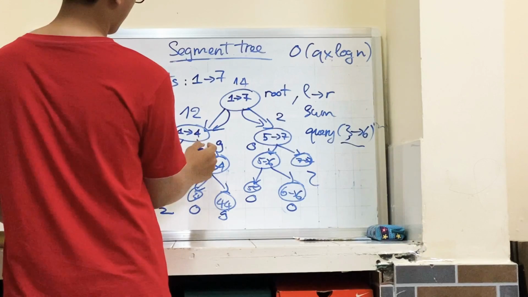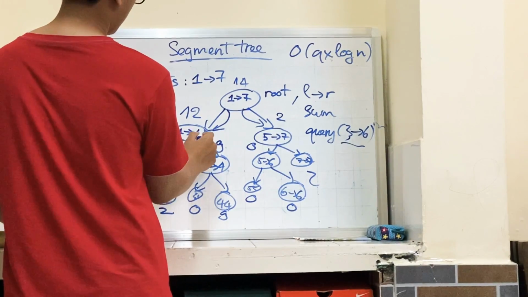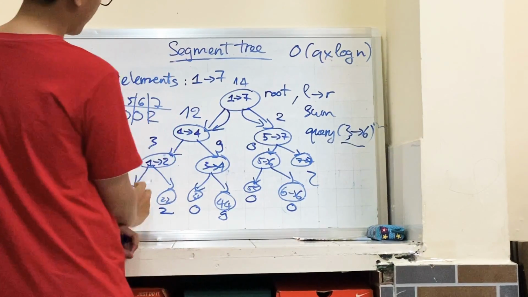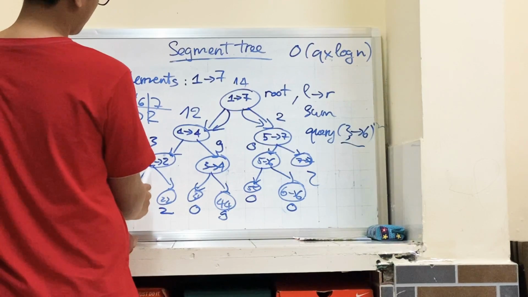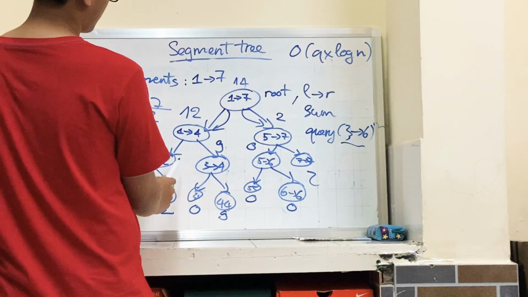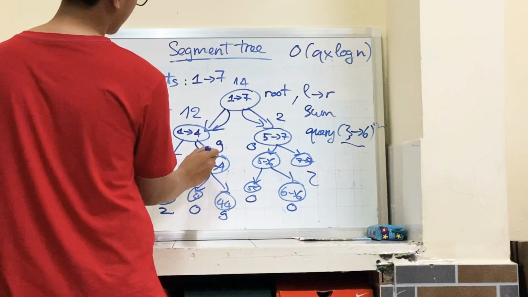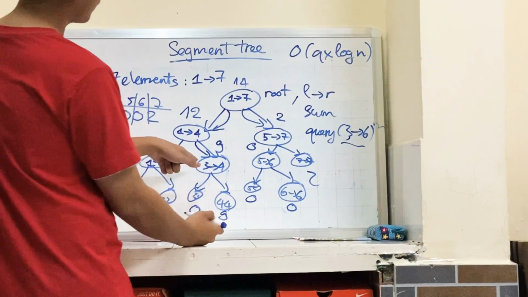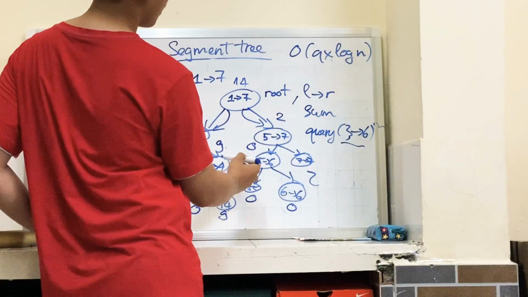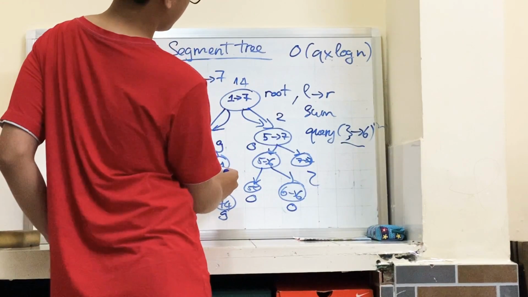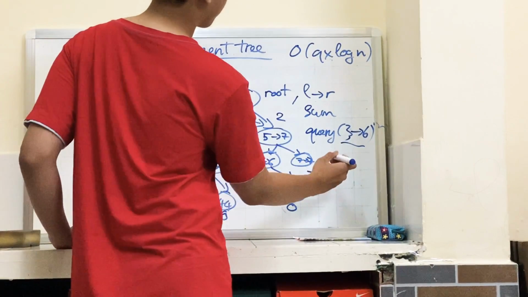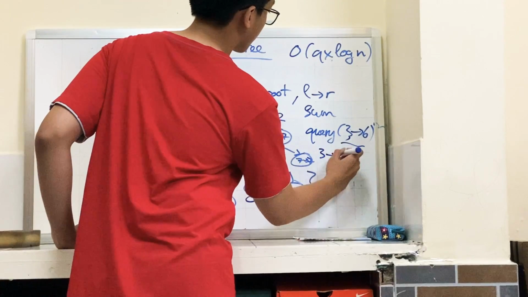So here is 1 to 4, and you move down. This node holds 1 to 2, so it's outside the range.